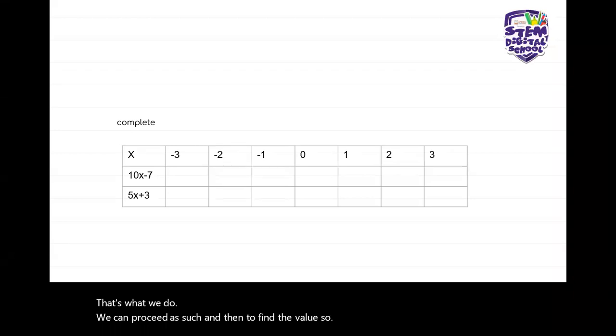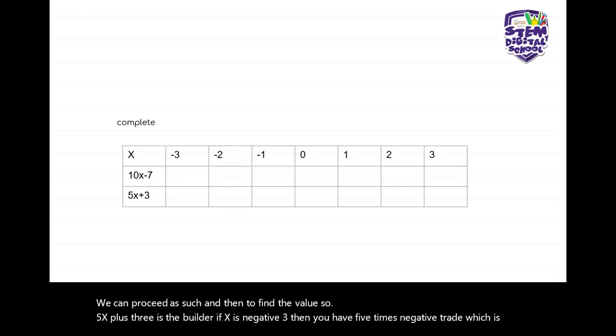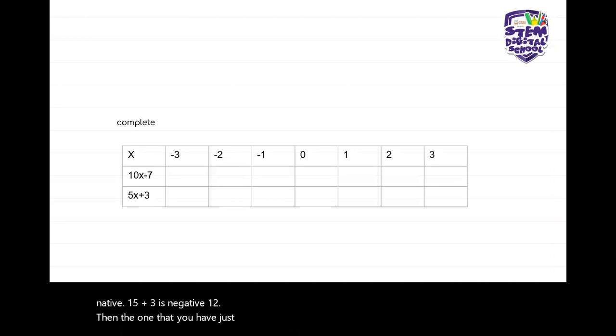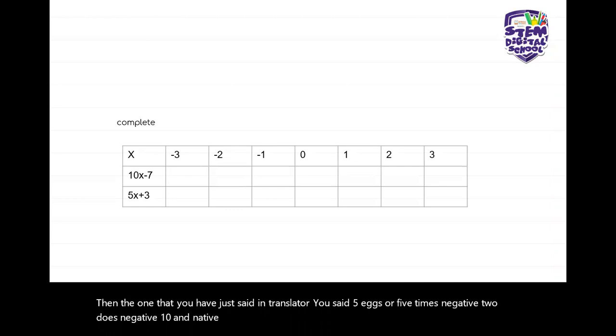If x is negative 3, then you'll have 5 times negative 3, which is negative 15, plus 3 is negative 12. And then the one that you have just said, Ntlanhla, 5 times negative 2 is negative 10, and negative 10 plus 3 is negative 7. So you'll have negative 7.